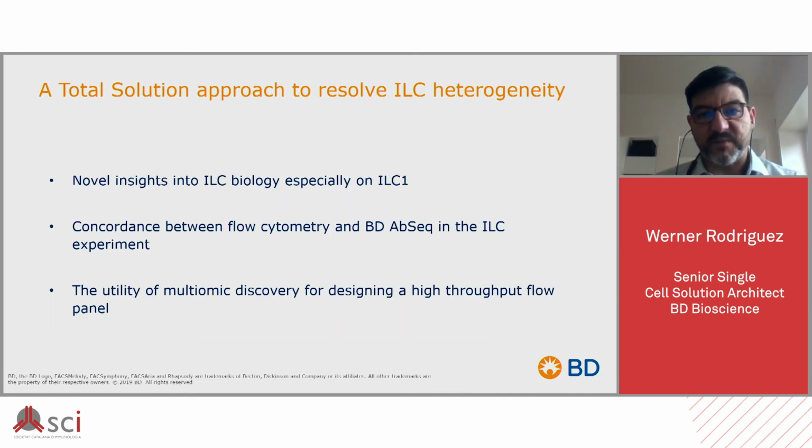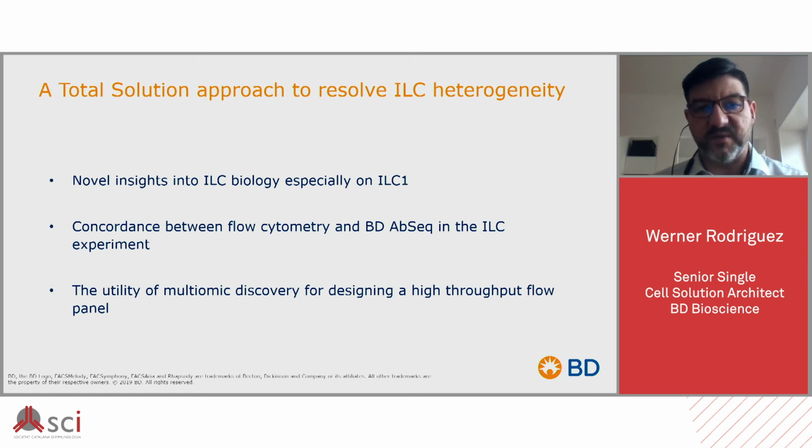So what we wanted to show you today is a complete workflow and a total solution that allows us to better characterize one example of the effectors of the immune system, the ILC cells.